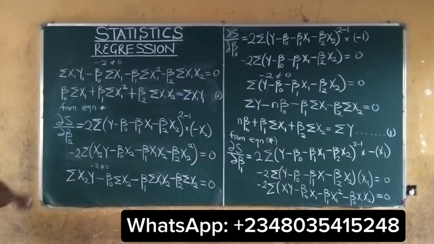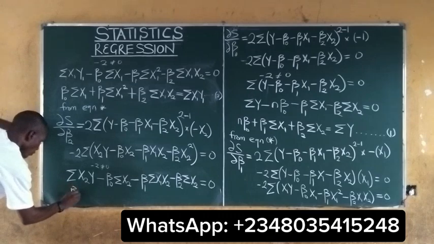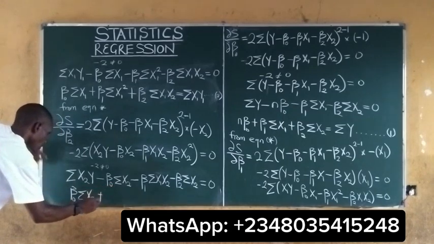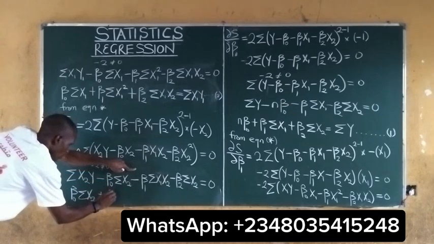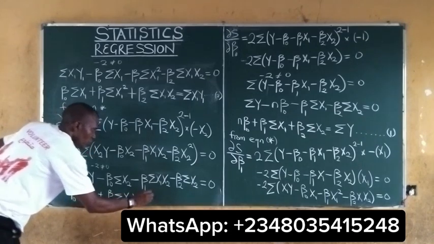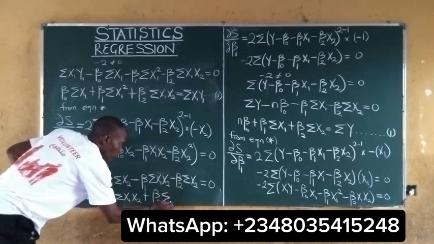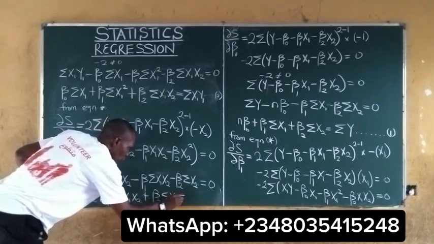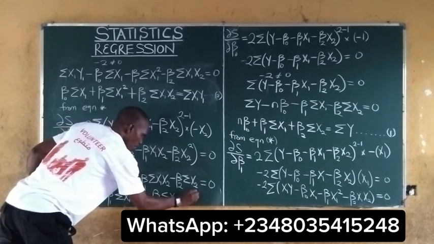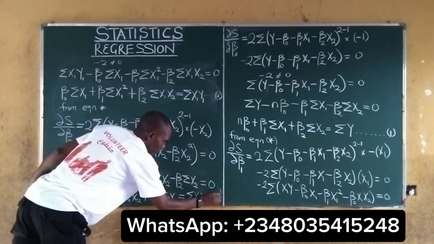If we move it over to that side, we get b naught summation x2 plus b1 summation x1 x2 plus b2 summation x2 squared is equal to summation of x2y. We put this as our equation 3.